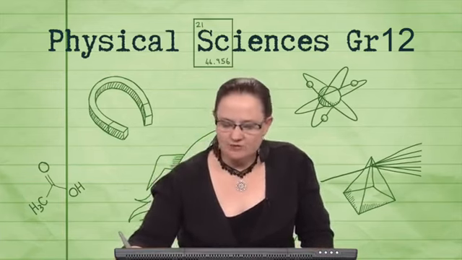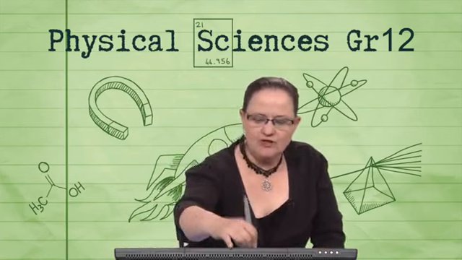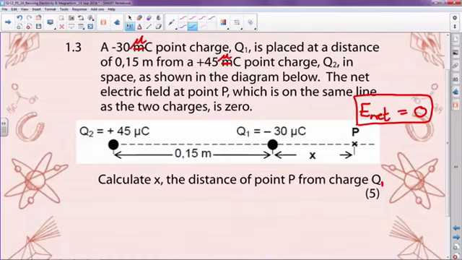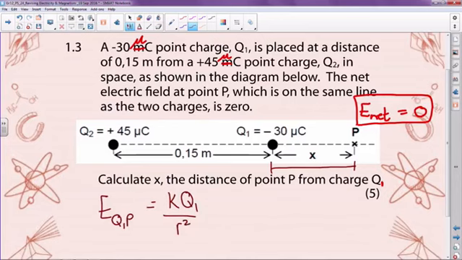So I said to you before I gave you a chance to do it on your own that you needed to separate out what happens. So let's go, what is the electric field at P because of Q1? So I'm going to go electric field because of Q1 at point P, okay? That means I'm going to do K Q1 over R squared.